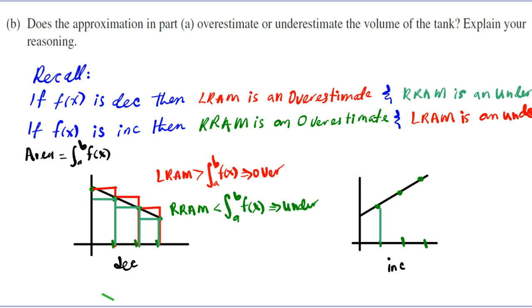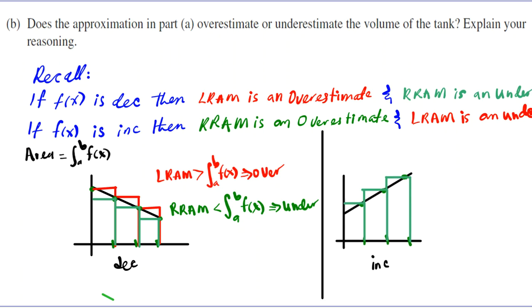So let's draw in the rectangles there and see what happens. Okay, so you trace this up. Bam, it's already over. You see that? The RRAM is an overestimate if the function is increasing. Like that. And then this one like that. Bam, overestimate. Okay, so let's write down the remark real quick.